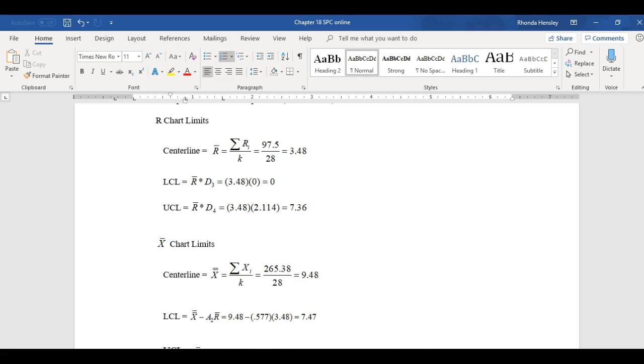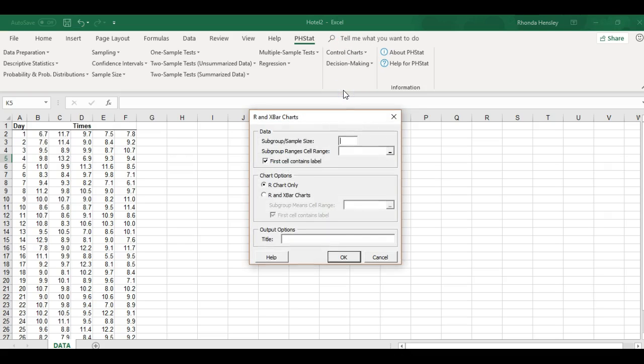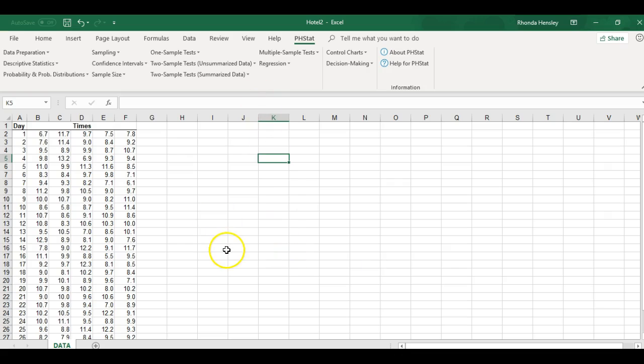So back with Excel, our file is called Hotel 2. Okay, so we're going to try it this way.